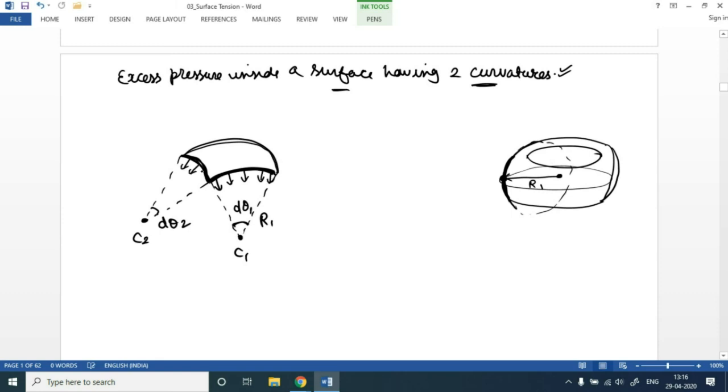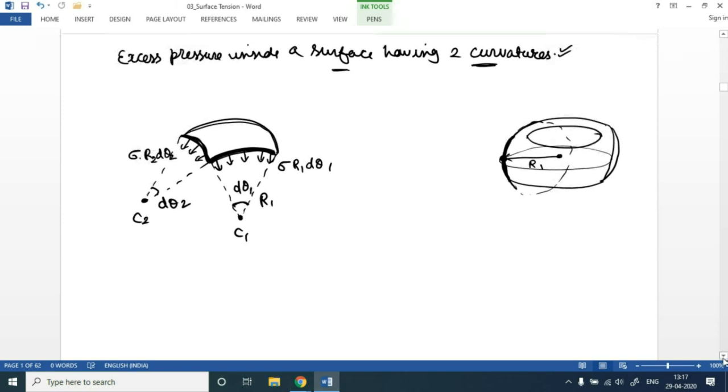The magnitude of this force is going to be proportional to this length. So this force would be sigma times this length, which is r1 d theta 1, and this force here would be sigma times its length, r2 d theta 2. Okay, so these are the forces.